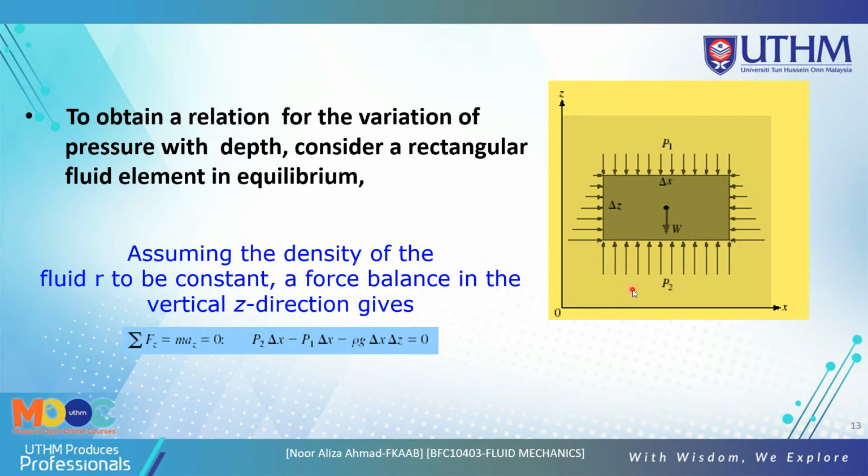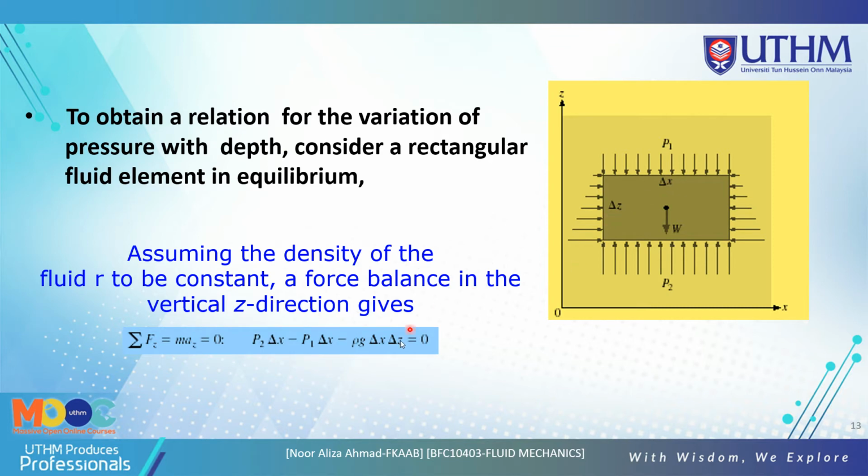The arrow of P2 is up, so this is positive, and the arrow of P1 goes down, so this is negative: negative P1 times the length delta x. And P2 is P2 times delta x also. Because this is horizontal, the pressure from above and from below here is multiplied by delta x.